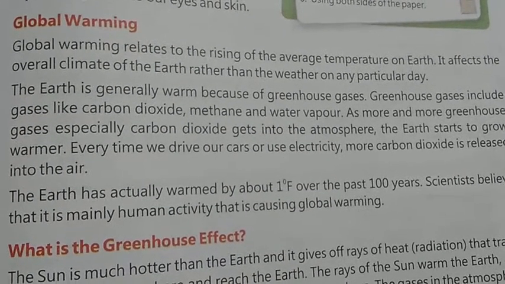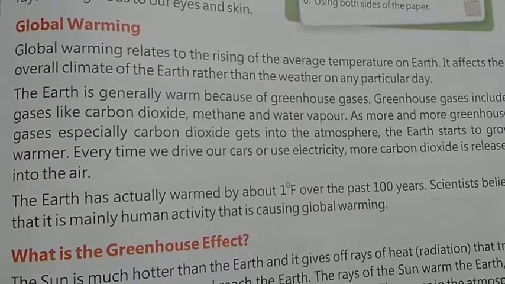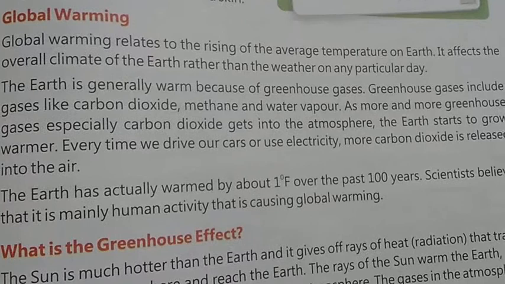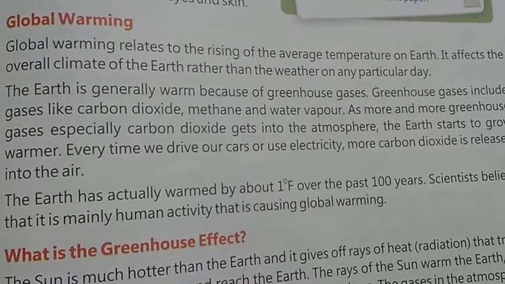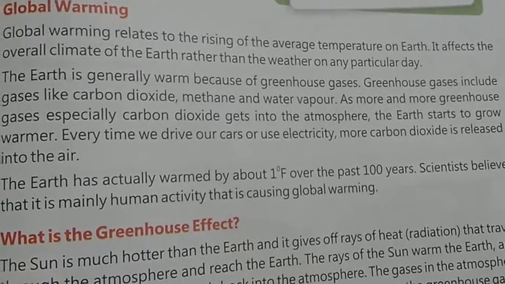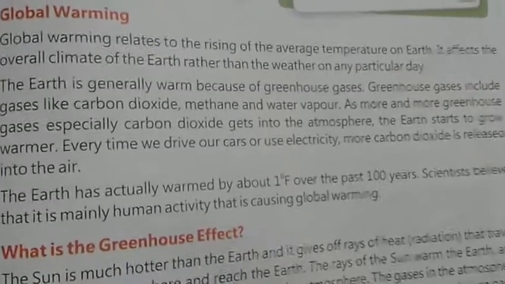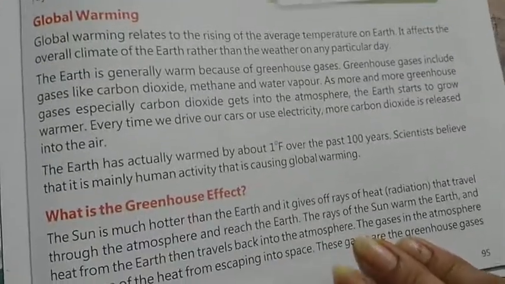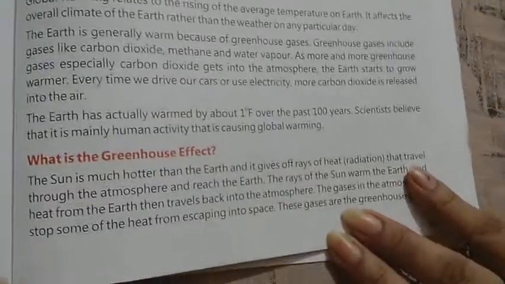As more and more greenhouse gases, especially carbon dioxide, get into the atmosphere, the earth starts to grow warmer. It has happened day by day. You can feel it. The temperature on our earth is increasing day by day.